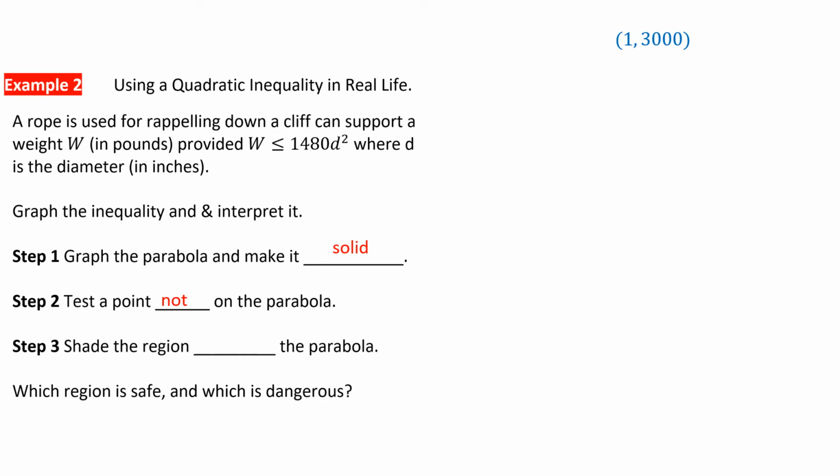That's going to be inside the parabola. And when we take a look at this, we find out 3000 is less than or equal to 1480 times 1 squared. That's not true. 3000 is greater than 1480. And so when we choose the point that's inside the parabola, it doesn't work.